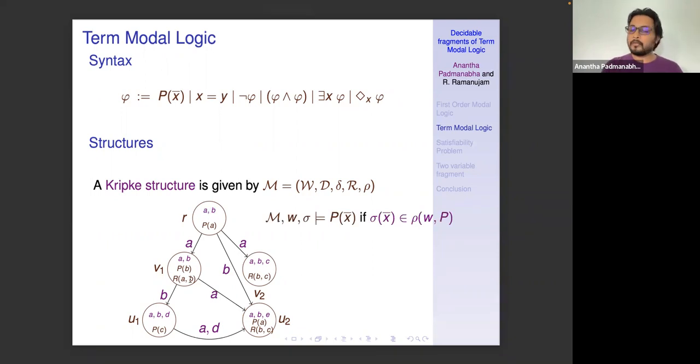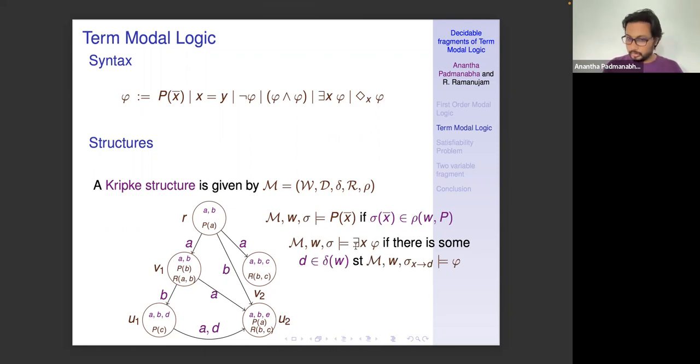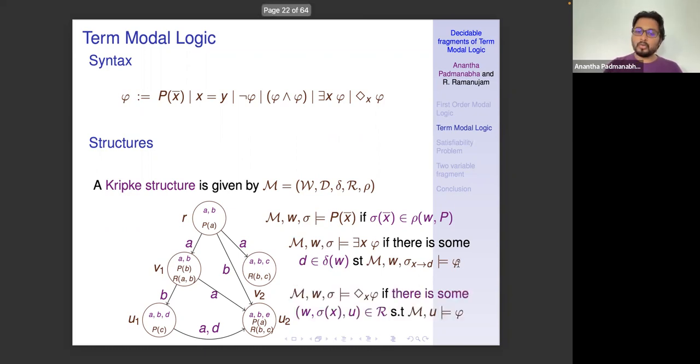Now, in terms of evaluating a formula, you evaluate a formula at a world for a given interpretation, which says which variable is mapped to which agent, right? An existential formula is true at a world if you can pick a witness from the current live set, such that assigning x to d will make the formula true.